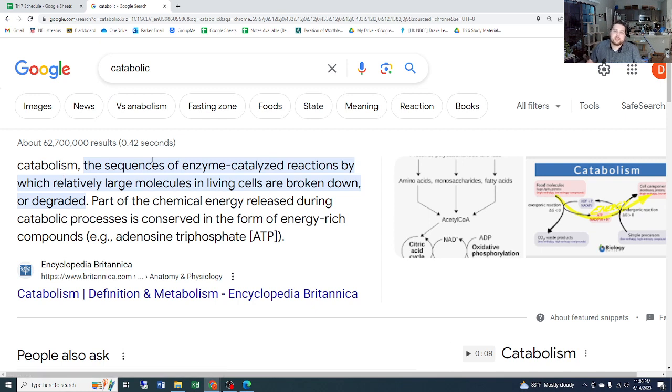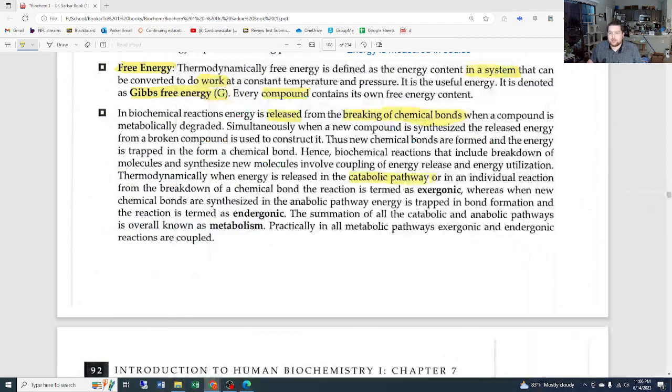Catabolism, the sequence of enzyme catalyzed reactions by which relatively large molecules in living cells are broken down or degraded. Breaking down is catabolic. Or in an individual reaction from the breakdown of a chemical bond, the reaction is termed as exergonic. Please make that connection, that catabolic reactions are exergonic.